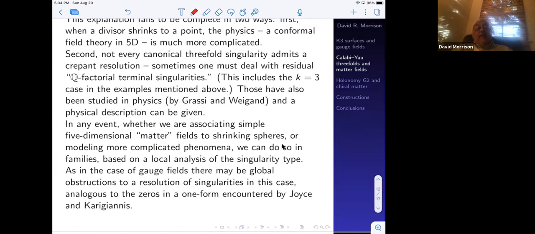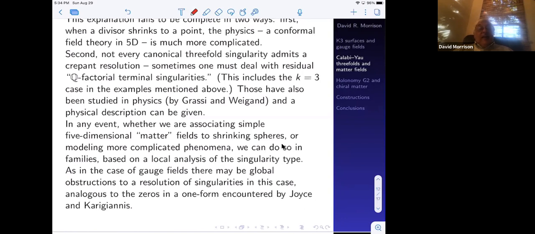In any event, middle of that slide, in any event, I'm associating some kind of 5-dimensional matter fields to shrinking spheres, or maybe something more complicated. I can do that in families. And again, the local analysis of the singular type should tell me what kind of 5-dimensional matter fields or fields realizing the CFT I need to put in.